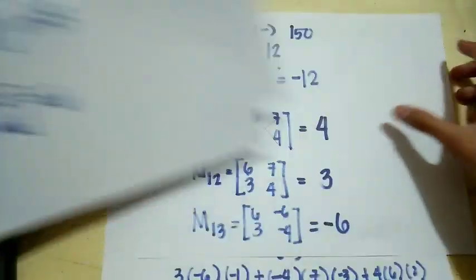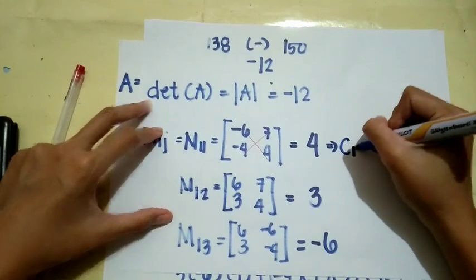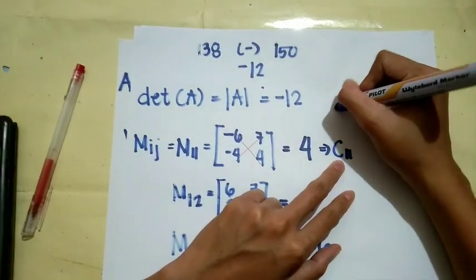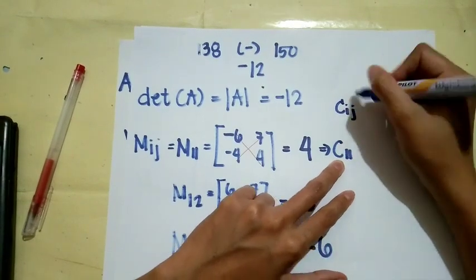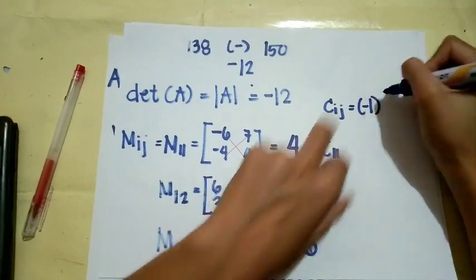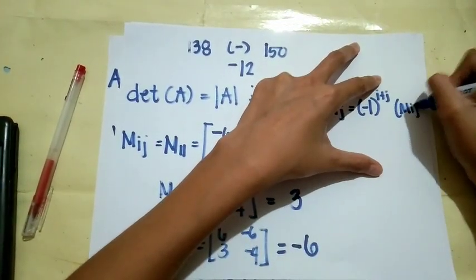Now we have the minors already. So we're going to have the cofactors. The formula for cofactor is C i j equals negative 1 raised to i plus j, times M i j.